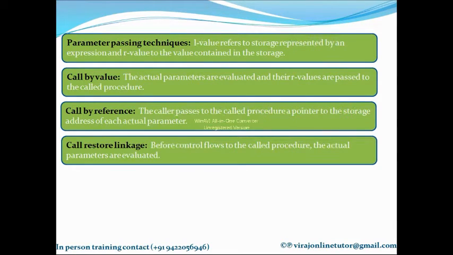In this example, let's take the same example of swapping two variables. So now in call by reference, the caller is passing the address of A and the address of B. I repeat, the caller is passing the address of A and the address of B. So now I go to the swap function.